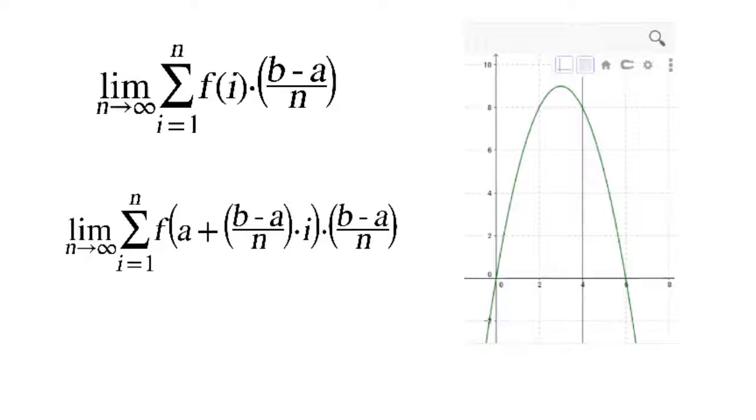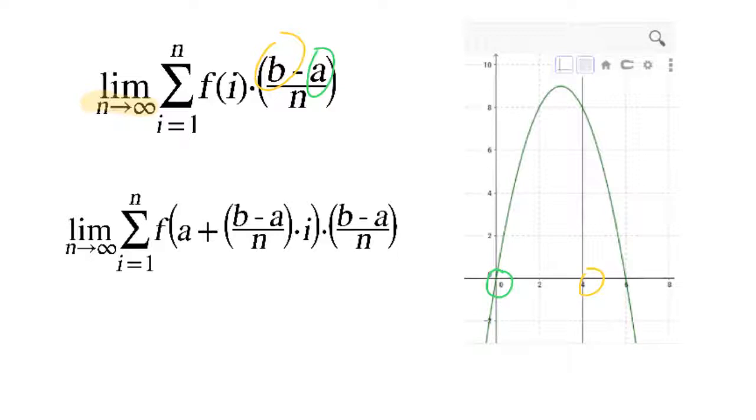First of all, we talked about infinitely many rectangles. Well, here I have n going to infinity. So I have n being the number of rectangles. Remember, I assign B and A accordingly. B was the right-hand side of my selection, and A was the left-hand side of my selection.